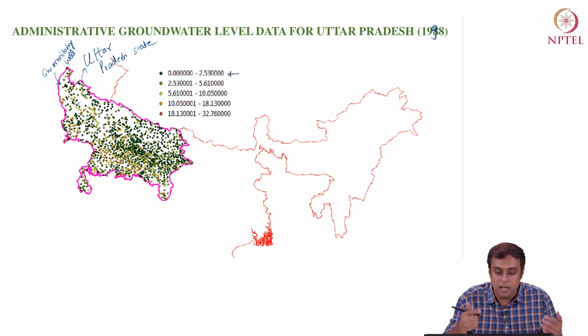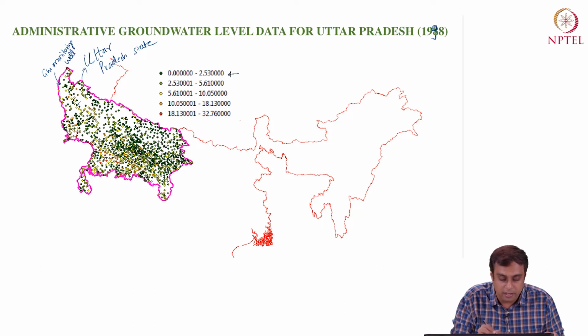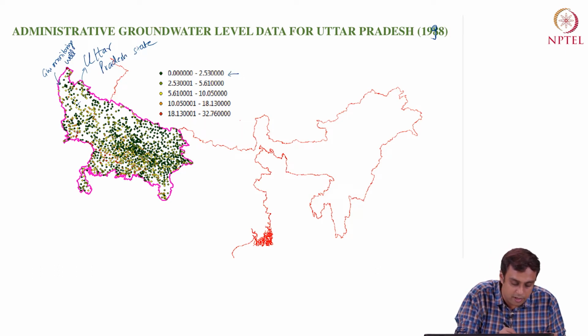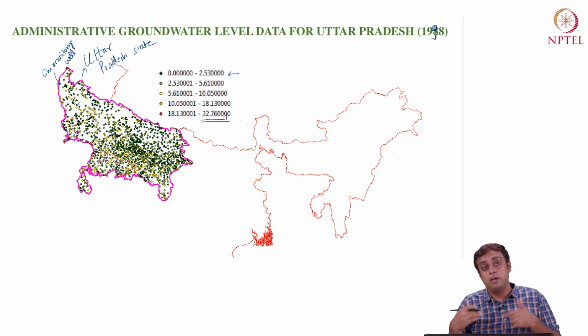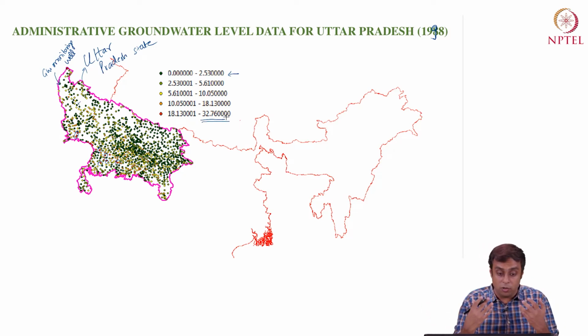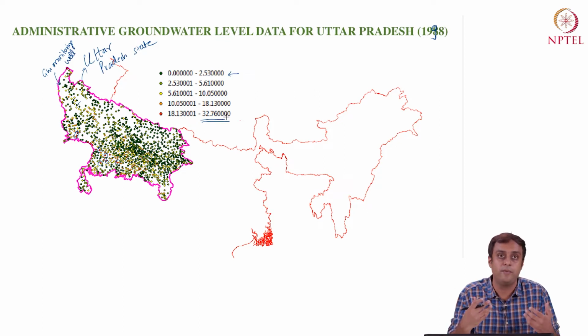We are fine. As we go further, there are some wells color coded red, where the groundwater levels have gone down up to 32.8 units. These are the wells which should prompt some kind of management intervention from the agency.